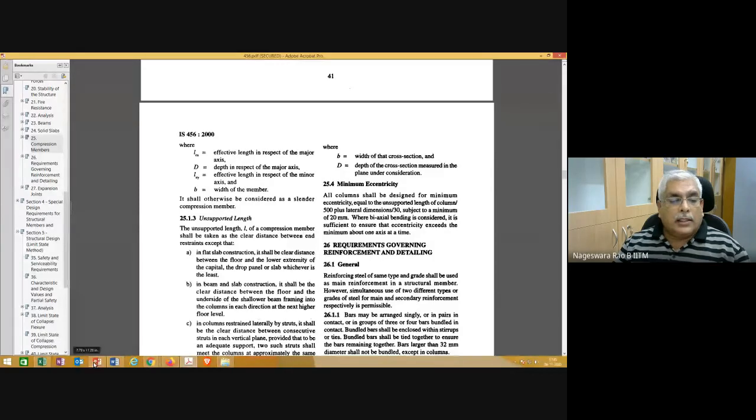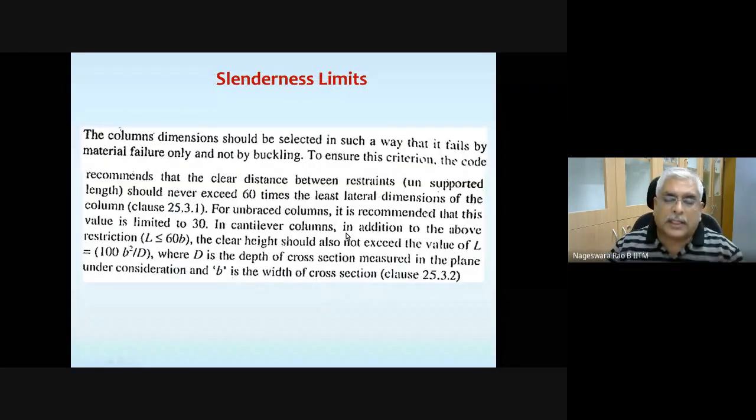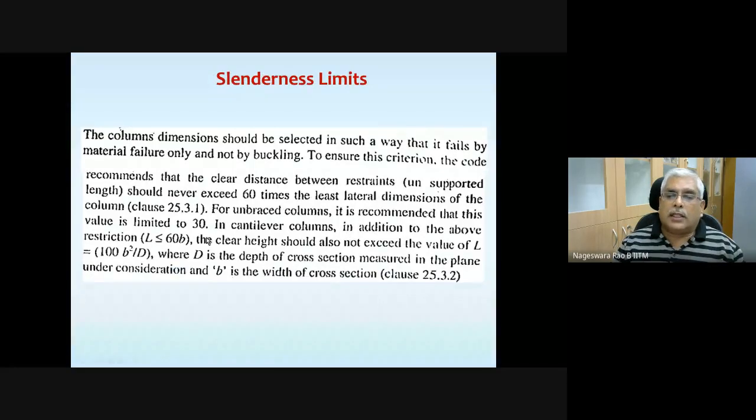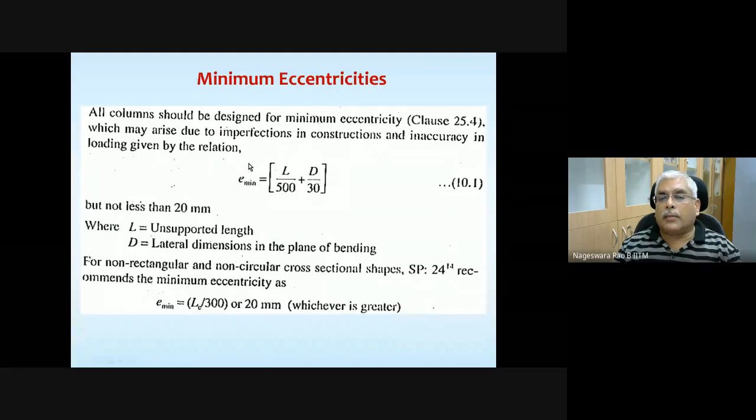Okay. Anyway, when we are designing, you will understand better. So whatever I just showed you, the points that are given under this 25.3.1, they are written here, and also minimum eccentricity, whatever I showed you in the code, that can be written in the form of an equation. You please make a note of this one.